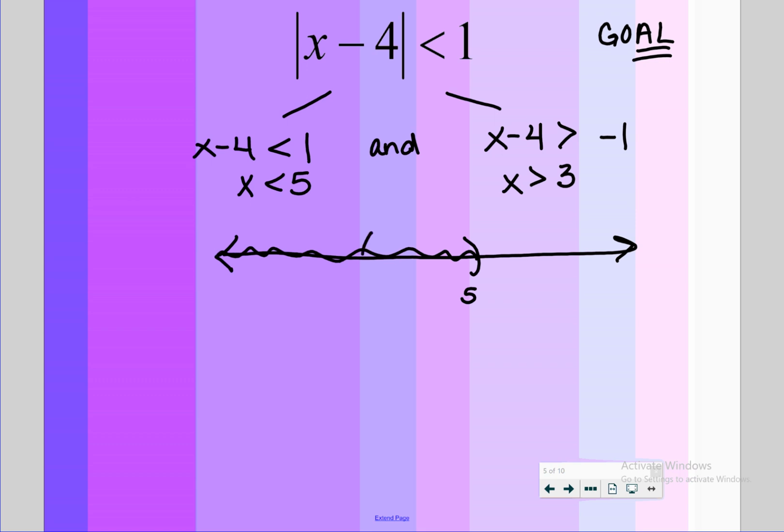Greater than 3 would look like this. It's an and statement, so we're looking for the intersection, or the part that got shaded twice. My intersection is between the two numbers, so 3 to 5 with parentheses is my solution.